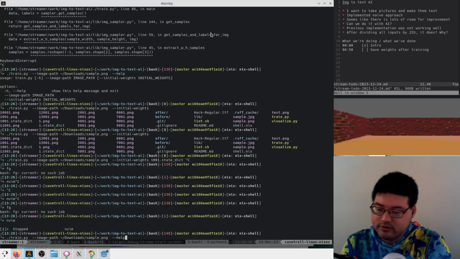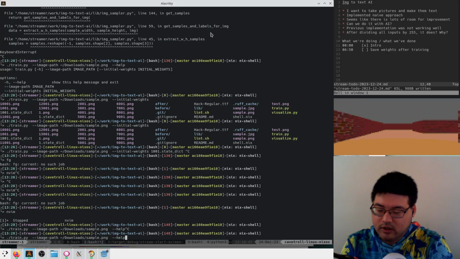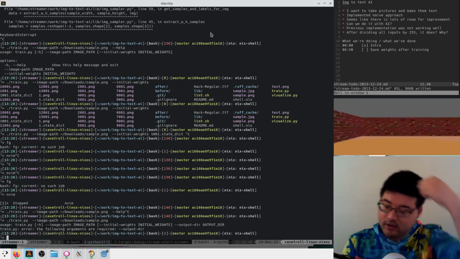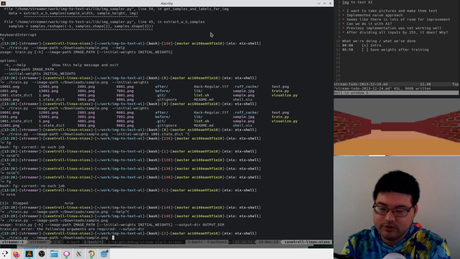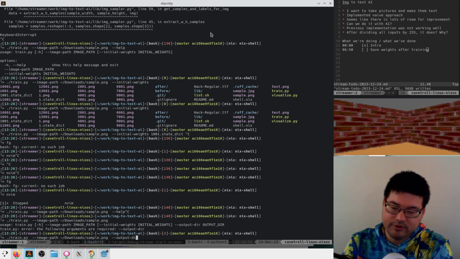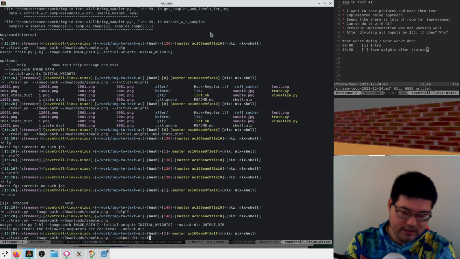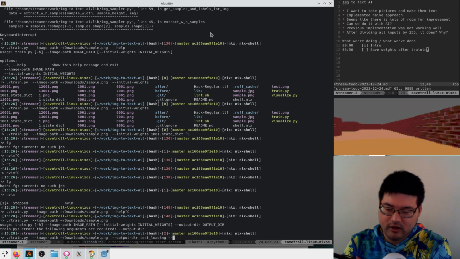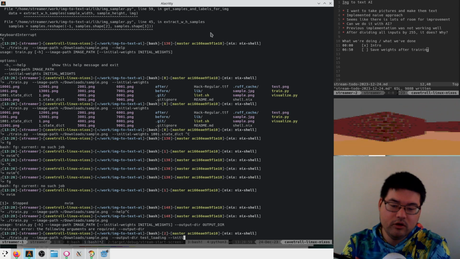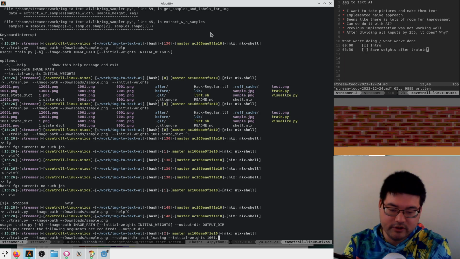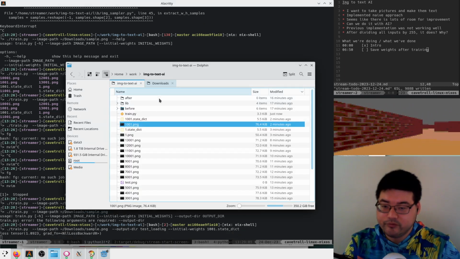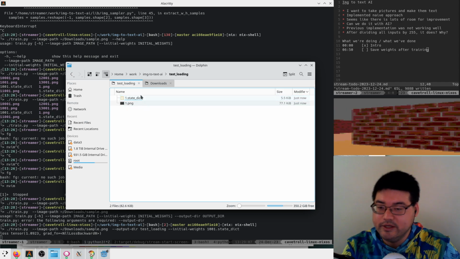Good enough for now. So let's just try running that really quick. And it's going to say immediately, hey, you didn't specify an output dir. So I can say output dir test loading, and our initial weights will be 1001 state dict. Okay, nice.